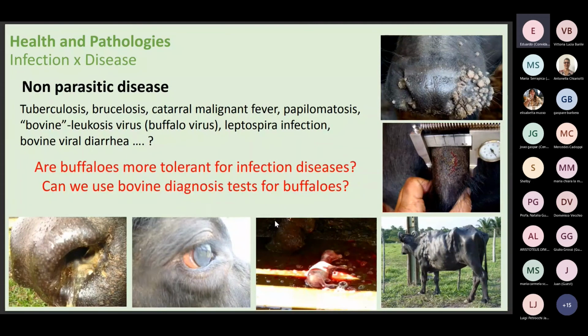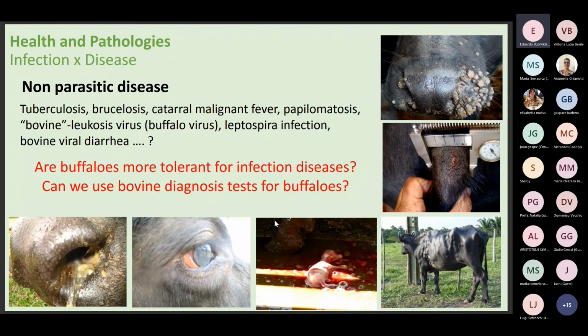Yeah, this is okay. So parasitic disease is very important in buffalo, but we know that buffalo can be infected and sick with other non-parasitic microorganisms. Buffaloes can have all the diseases that you can see in cattle. That's very important. For example, I put some images about tuberculosis, brucellosis, malignant catarrhal fever, papillomatosis, bovine leukosis virus.